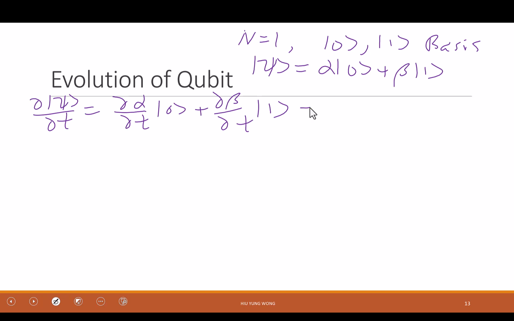This is just the same as what I wrote earlier. I just write it in brackets as a column, so you need to indicate 0 and 1. Here is the column. I know this is 0, this is 1.